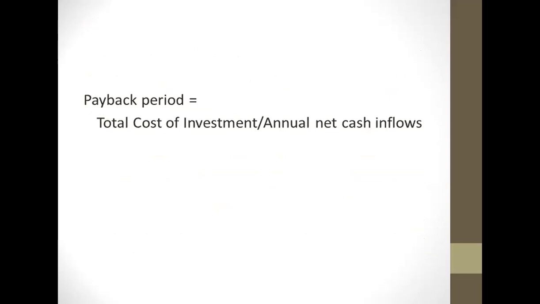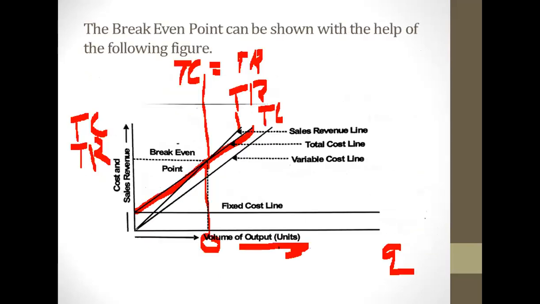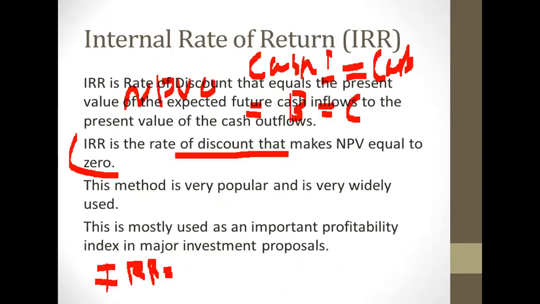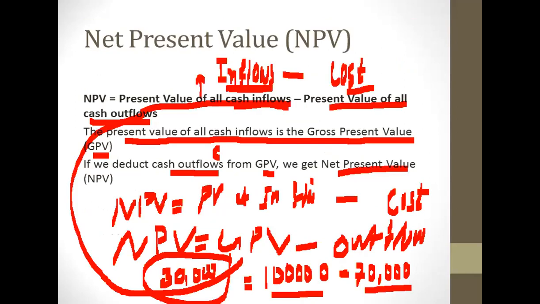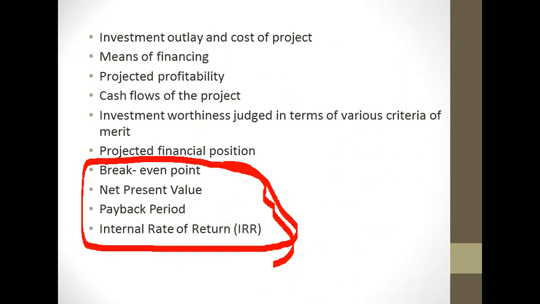I will just rush through the important points once again. The first point is market analysis. So in feasibility analysis, the first point is market analysis. Next, financial analysis. Financial analysis has many things to be discussed.